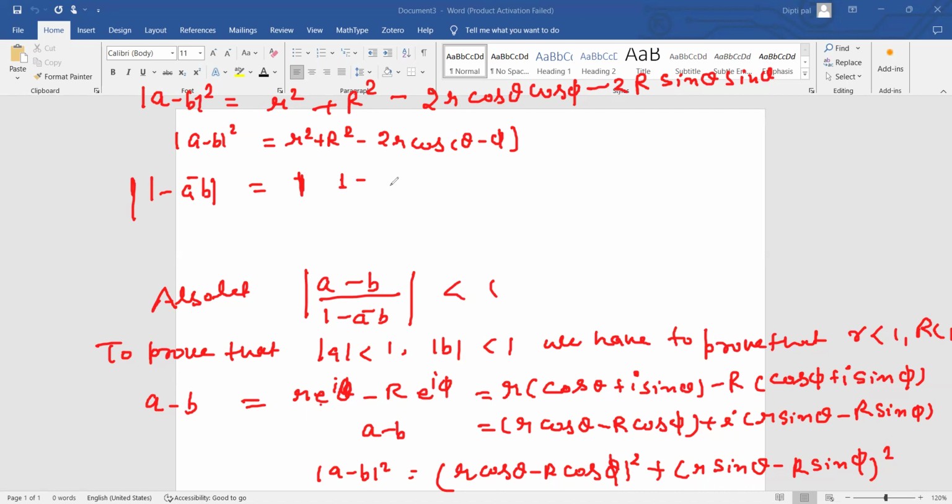So we get r e to the power minus i theta, and the value of b is capital R e to the power i phi. Now it can be written as 1 minus r capital R e to the power i (phi minus theta).